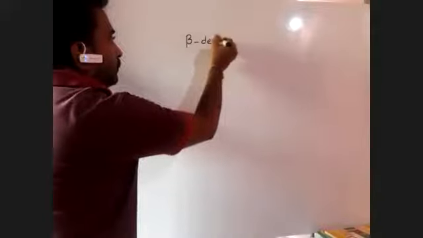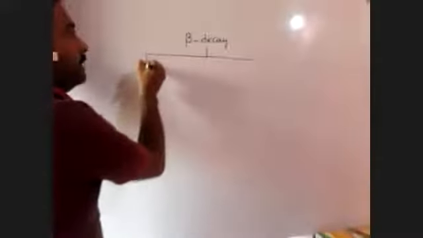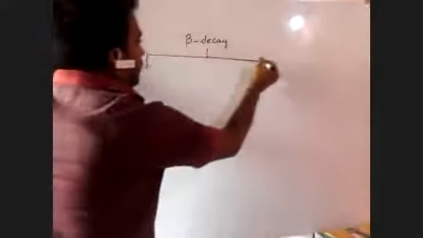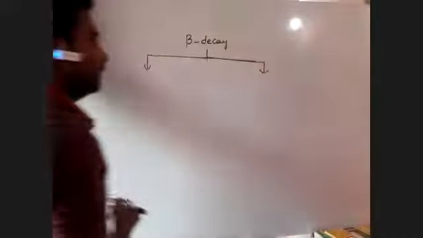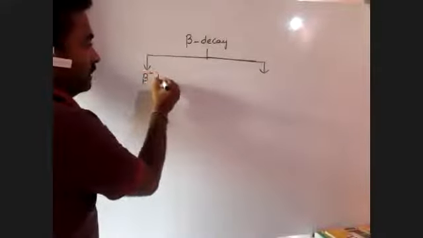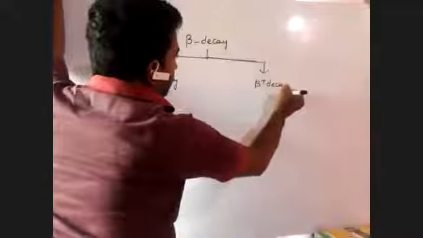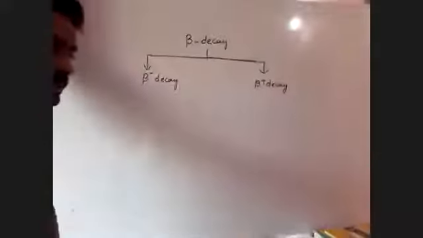Now beta decay. Of course, we have already discussed what is beta decay. Then what is happening exactly in beta decay? We can read here clearly. Beta decay is of two types, beta minus decay and beta plus decay.